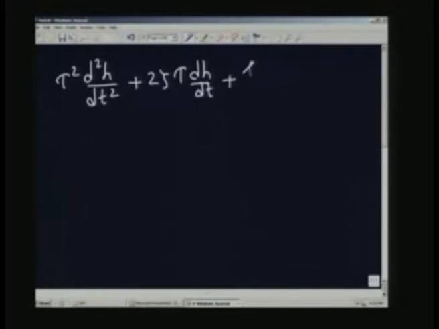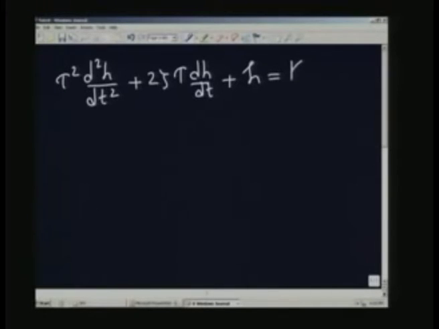So, if I introduce all these things into the equation governing the problem, I will get the following. L by G will be tau squared. I am going to remove that, and you see that finally the equation governing the problem is tau squared d squared h by dt squared plus 2 zeta tau dh by dt plus h is equal to p by rho g m.